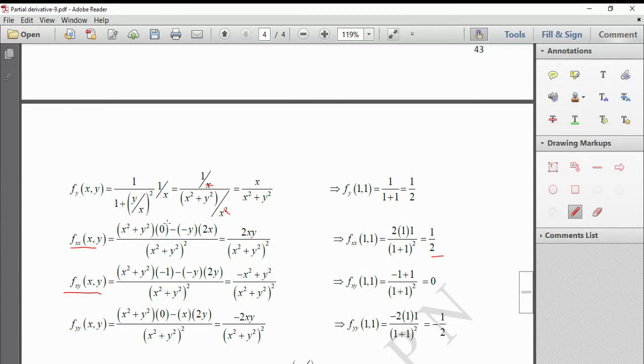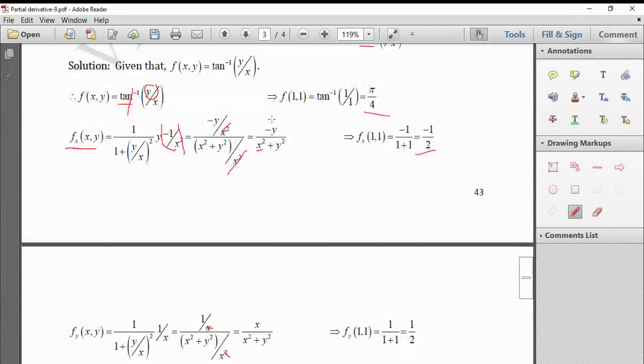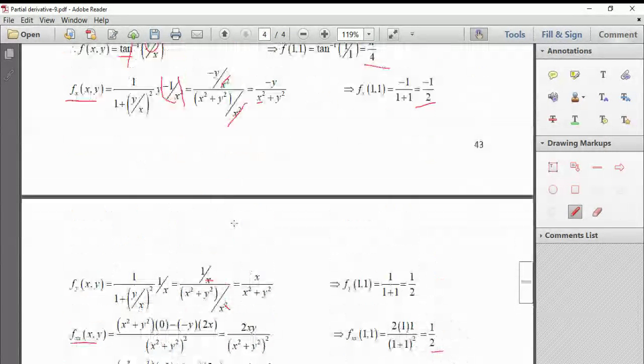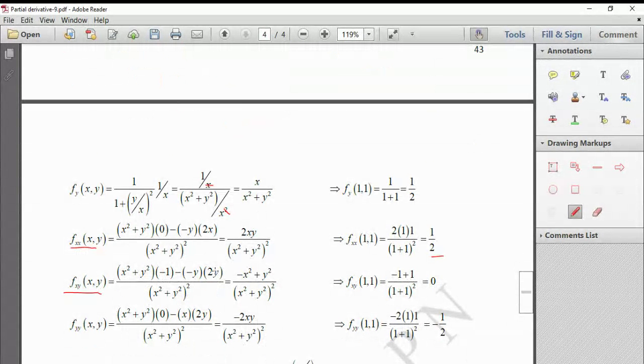With respect to x it becomes 0, but with respect to y it becomes minus 1, minus numerator, that is minus y into derivative of denominator. Derivative of x square is 0. Derivative of y square is 2y. Now simplify. Minus x square minus y square plus 2y square. That gives you minus x square plus y square by this. Put x equal to 1, y equal to 1 and see what you're going to get.